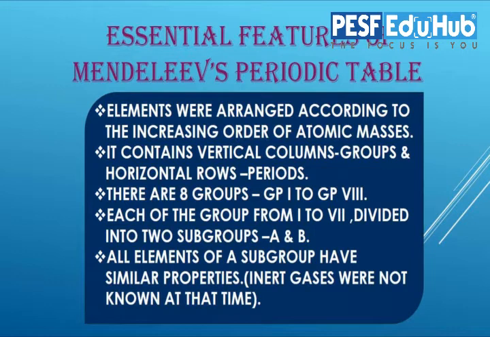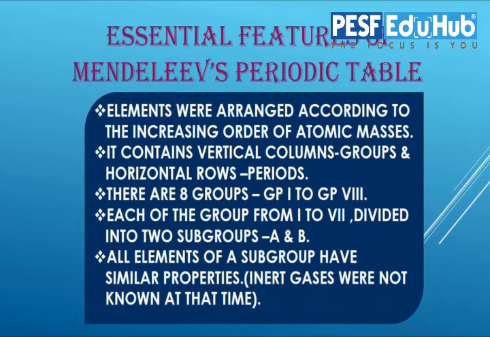Once again, let us revise the essential features of Mendeleev's periodic table. The elements were arranged according to the increasing order of atomic masses and similarity in chemical properties. Next, it contains vertical columns called groups and horizontal rows called periods.